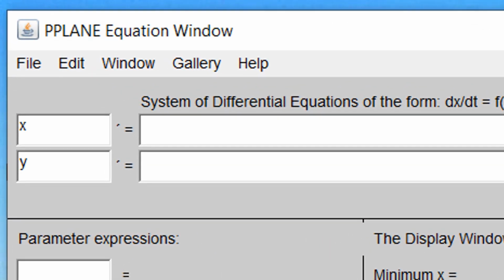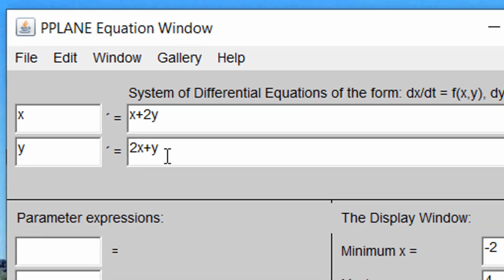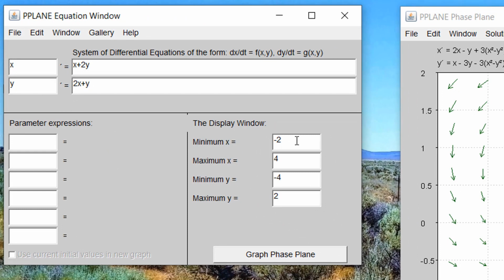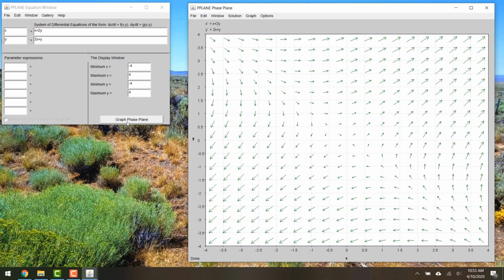The matrix was 1, 2, 2, 1, so the top equation should be 1 times x, so just x, plus 2 times y. And the bottom equation is 2 times x plus 1 times y. Let's do our window from -4 to 4 and -4 to 4, and then click Graph Phase Plane.